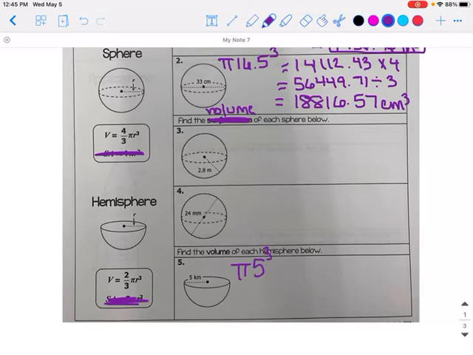So 5 cubed, and then times that 125 by pi, and you should get 392.7 times by 2, 785.4, divide by 3.